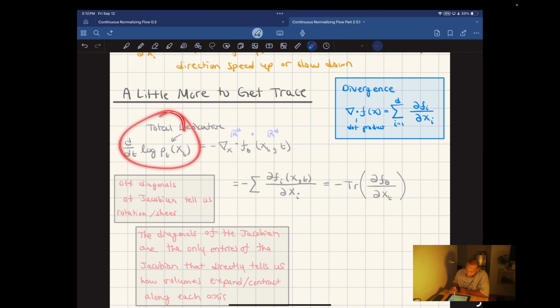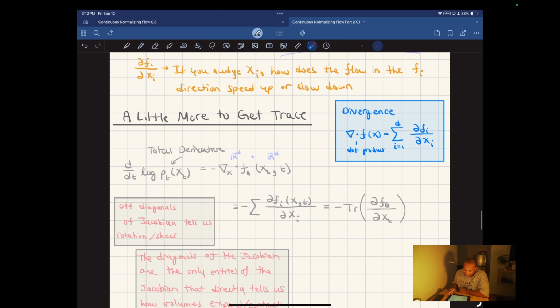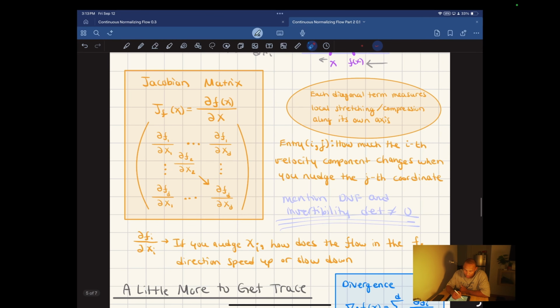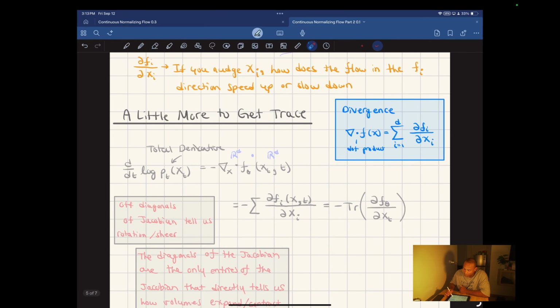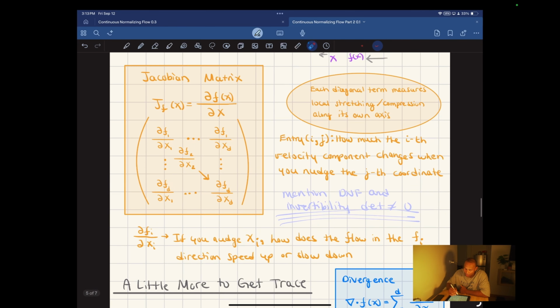So we say that the total derivative is equal to the negative trace of the Jacobian, which is saying what's the instantaneous change of density with respect to time. We can measure that by understanding how our velocity field is expanding and contracting.